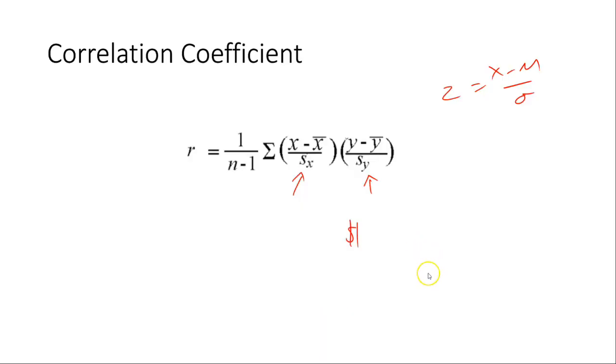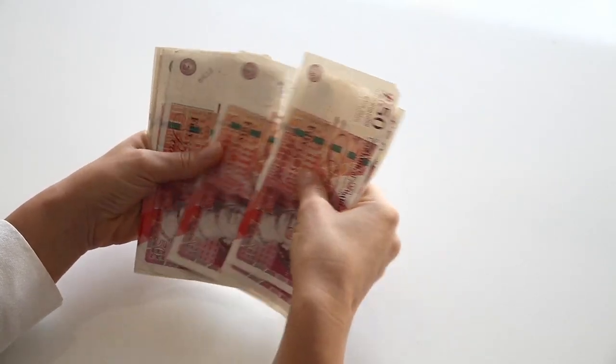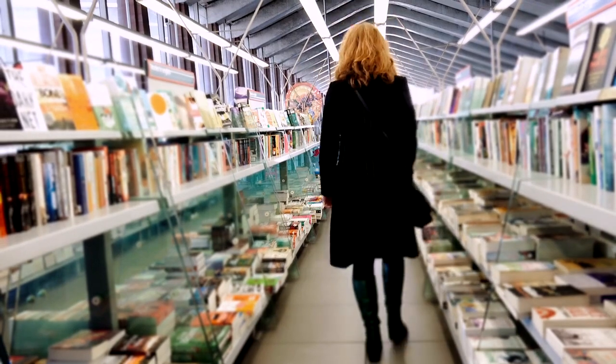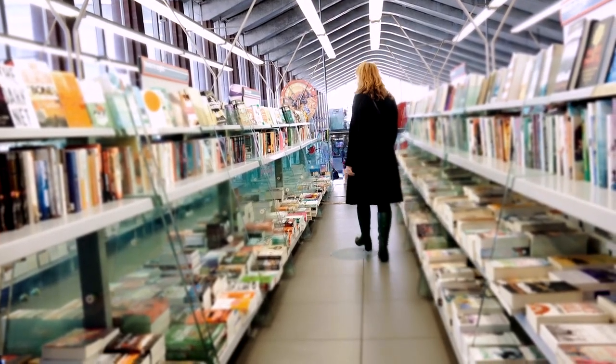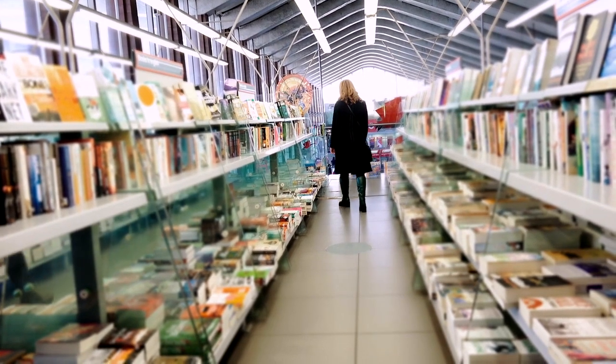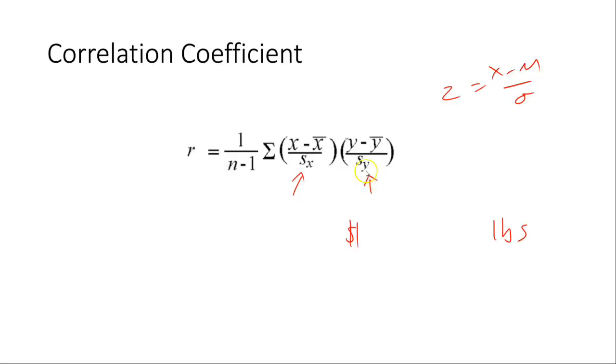Well, what if I jump on Amazon and look at all of the very same books, but now their cost is in pounds? So would this change anything? In the United States or in Britain, is there somehow a difference in the association between the pages and the selling prices? There shouldn't be, and there isn't. So changing the units does not affect the correlation.